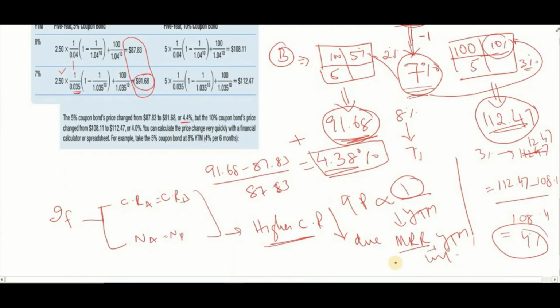So if the interest rate increases, the price of the bond with the higher coupon rate will reduce less, and if the market interest rate goes down, the price of the bond with the higher coupon rate will increase less compared to the bond with the lower coupon rate. So it means the sensitivity of the higher coupon rate bond to changes in the interest rate is less compared to the bond with the smaller coupon rate.